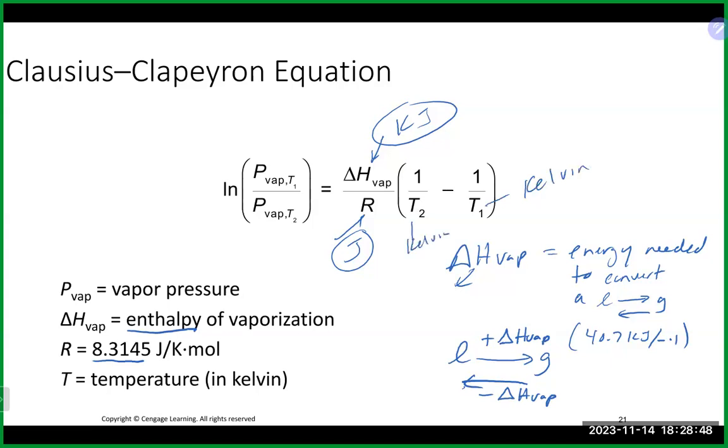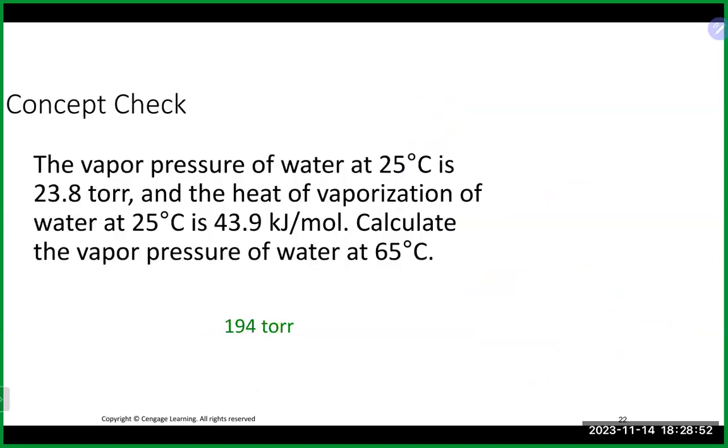So let's take a look at one here. The vapor pressure of water at 25 degrees Celsius is 23.8 torr, and the heat of vaporization for water is 43.9 kilojoules per mole. Calculate the vapor pressure at 65 degrees Celsius.